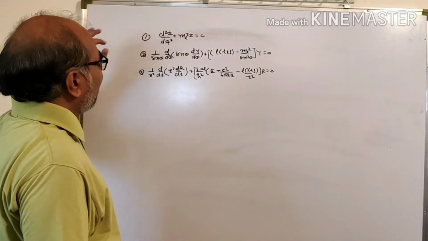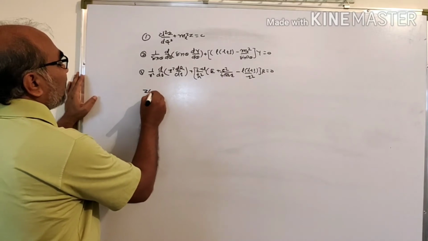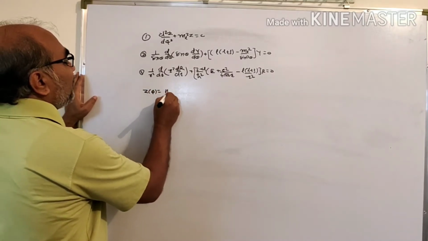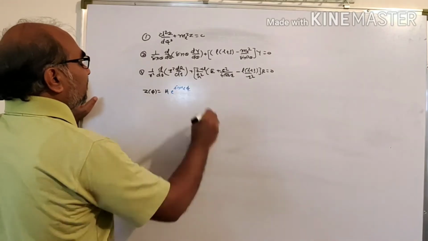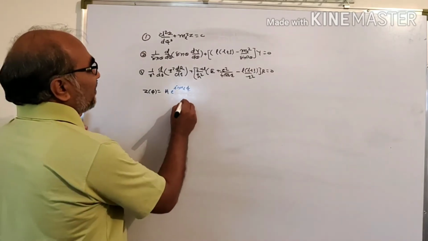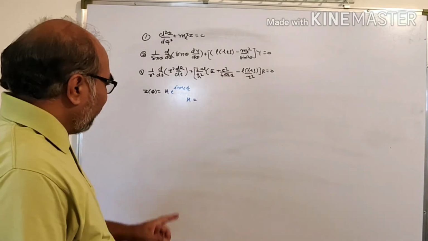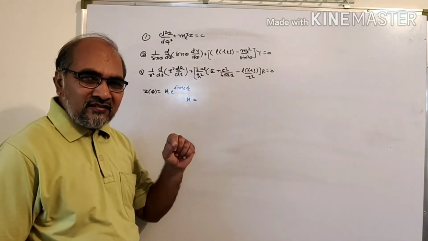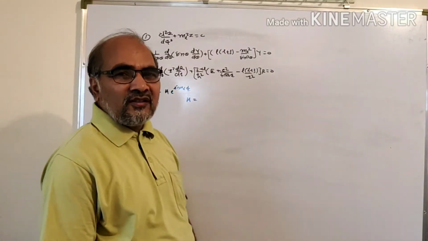Consider the first equation. The solution is Z of phi equal to A e raised to i ml phi, where A is a normalization constant. We saw last time that the value of the normalization constant is 1 upon root 2 pi.